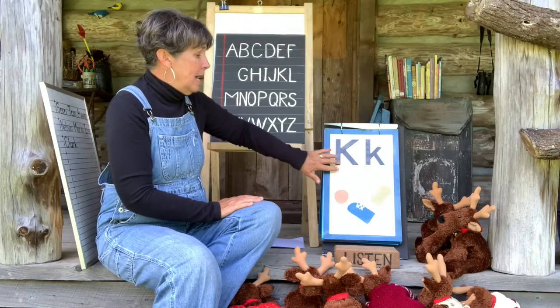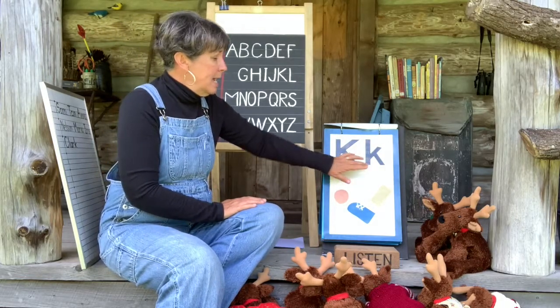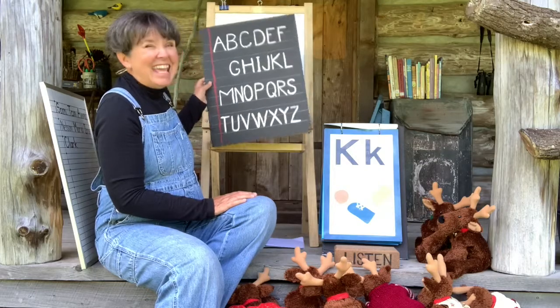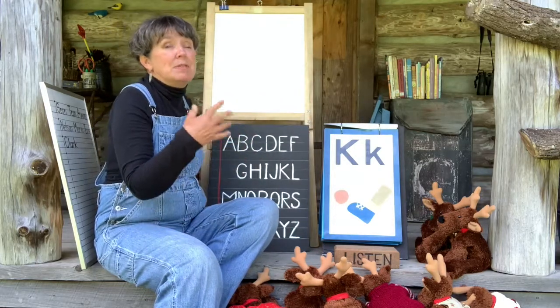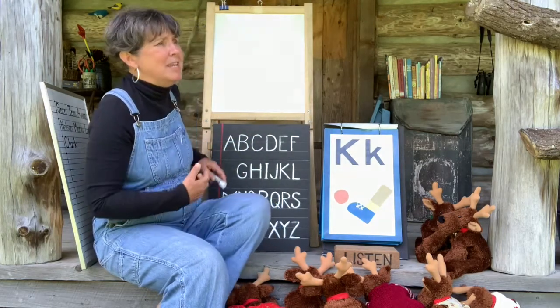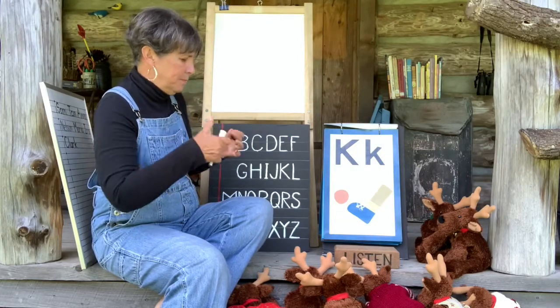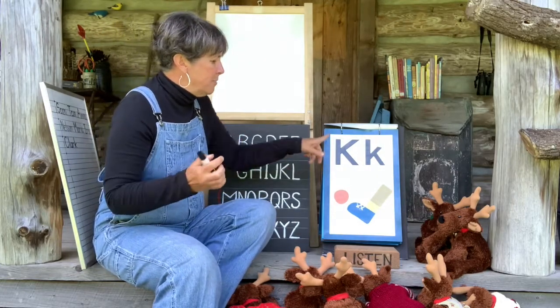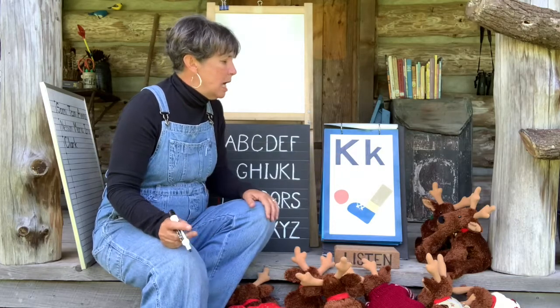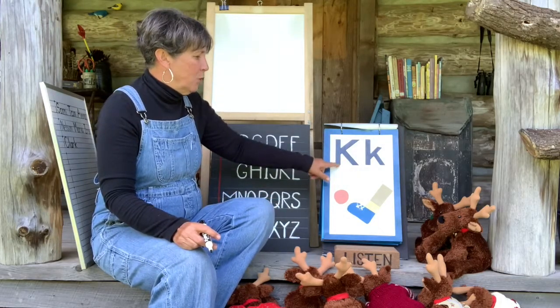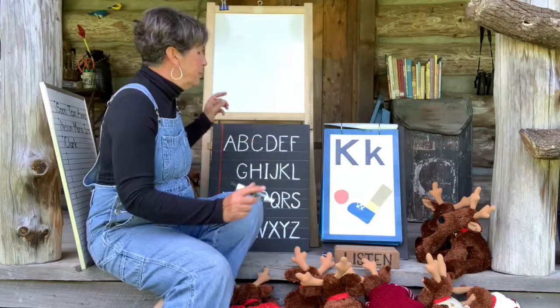We have an uppercase K and a lowercase K. K's are some of the letters that really, there's quite a variety of ways that you can make them. They're both made of 1, 2, 3 lines. One is vertical and 2 are slanting.